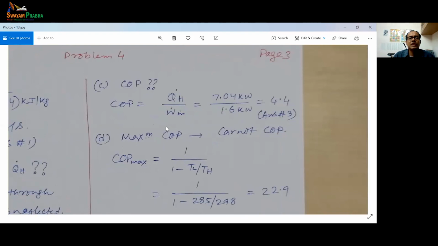For a heat pump, that's Q dot H divided by W dot in. So what heat you are rejecting at the high temperature reservoir and what work input you have to use. Both of them we know, 7.04 kilowatt and 1.6 kilowatt. So the coefficient of performance is 4.4, and it's unitless because it's a ratio of the same units.